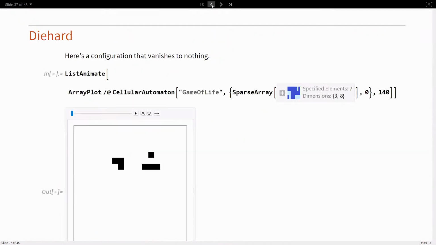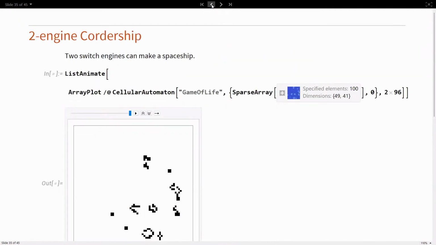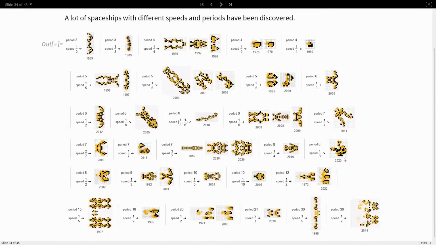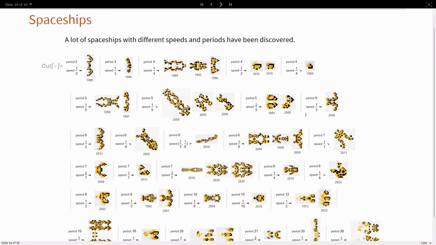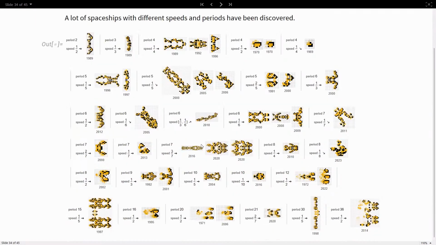It's one of these here. Yeah, this one here. This is the first spaceship that was found that has a knight move in it. So it's basically not moving diagonally. It's not moving horizontally or vertically. It's moving like a knight. And this was the first one that was found in 2018.